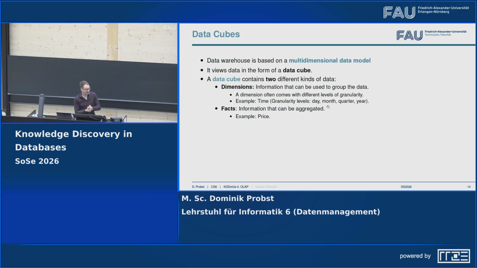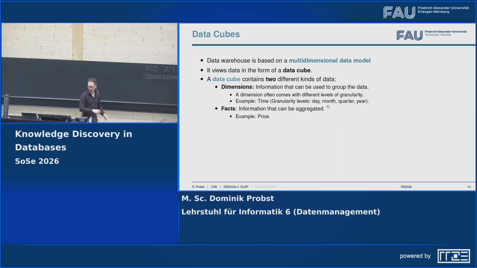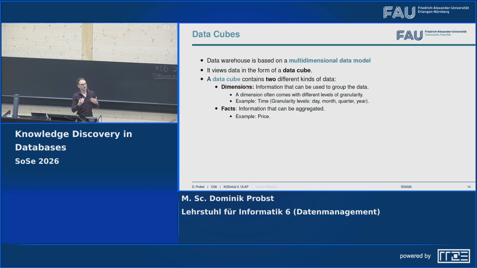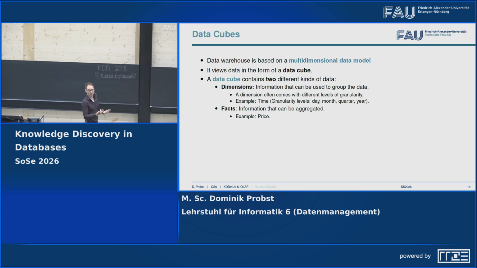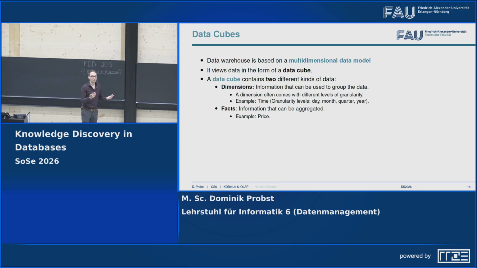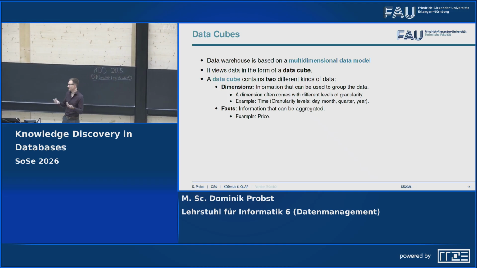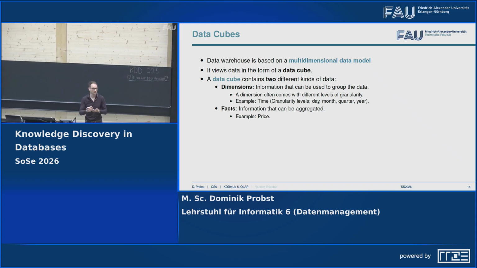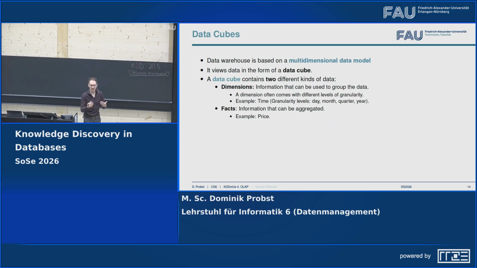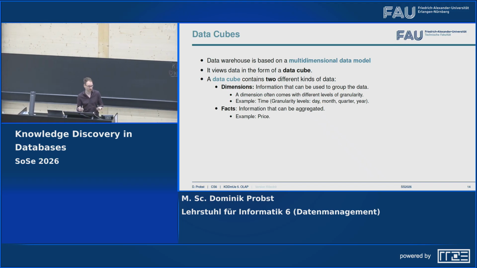To differentiate, we have to talk about two different things in a data cube. We have to first talk about dimensions. Dimensions are information that is used to filter data. For example, the date: you can use the date to filter just sales that occurred in 2025, or just sales that occurred in January 2025, and so on.